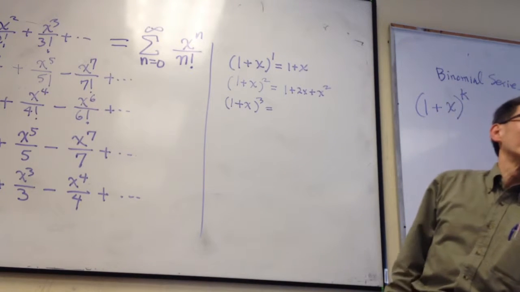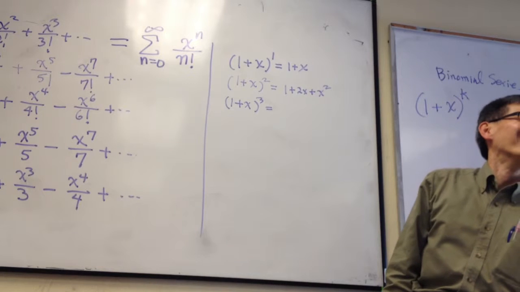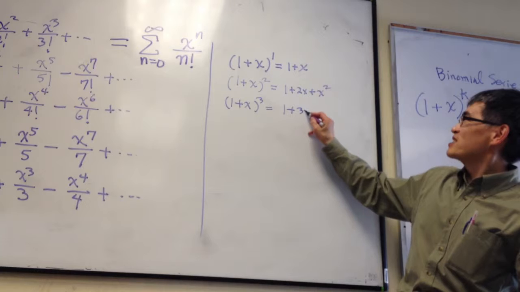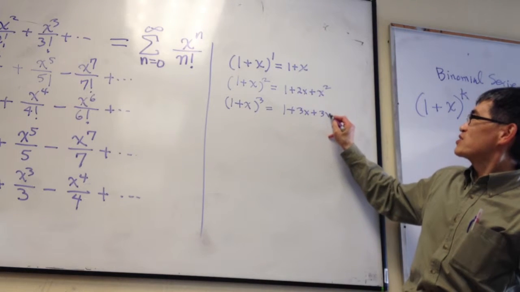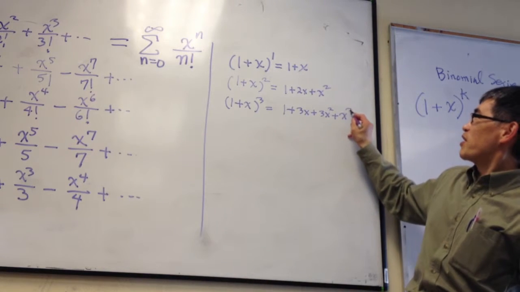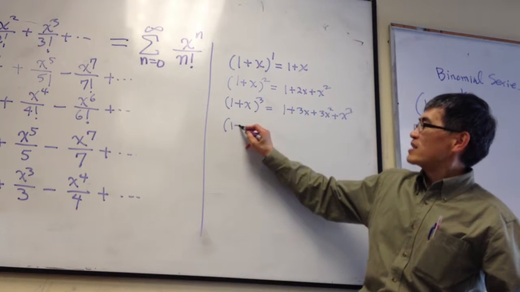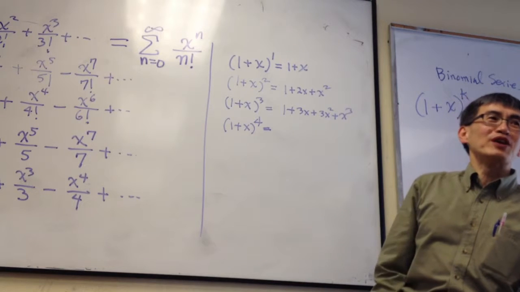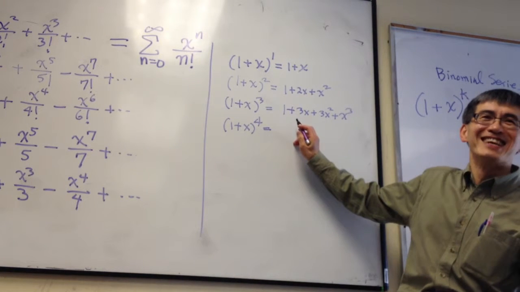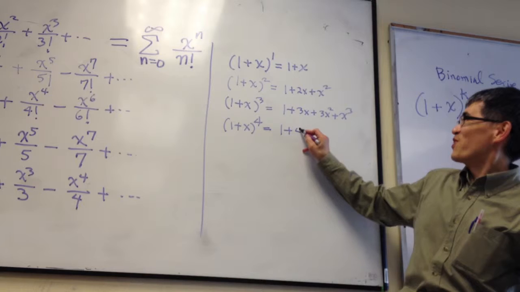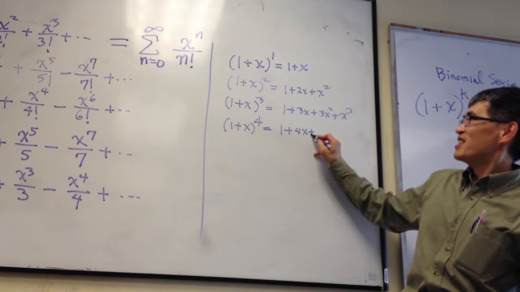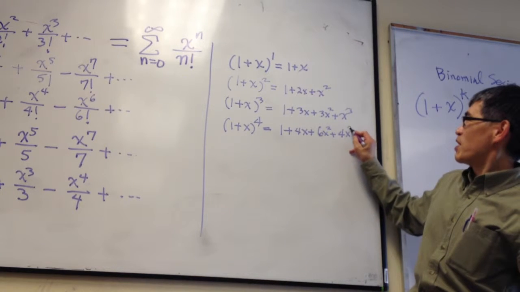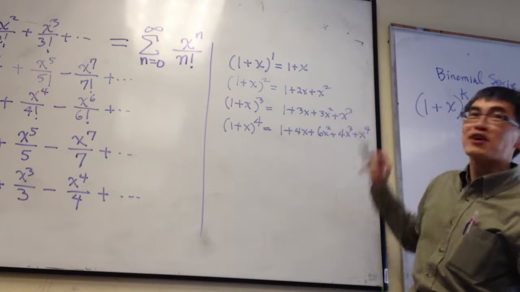Anybody? 1 plus 3x plus 3x squared plus x cubed. If I keep asking for 1 plus x to the fourth power, I have to wait longer, I suppose. So what is it? 1 plus 4x plus 6x squared plus 4x cubed plus x to the fourth power.